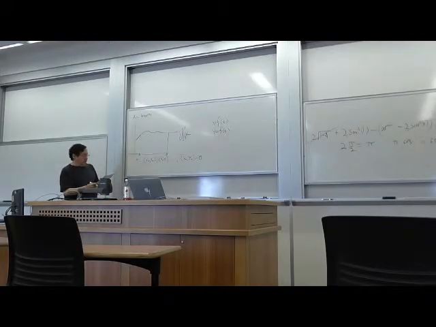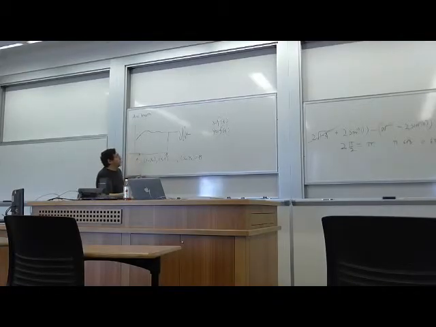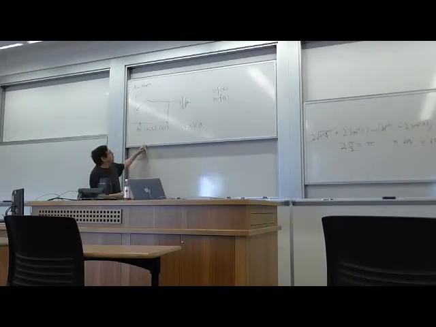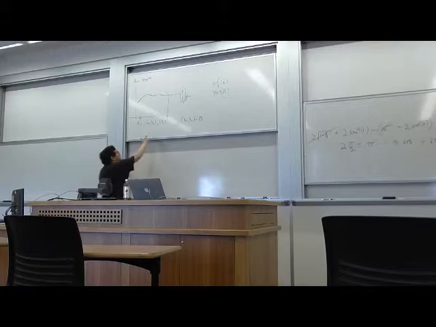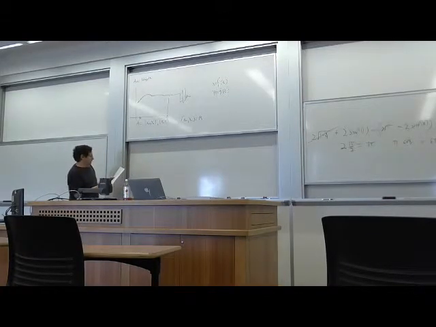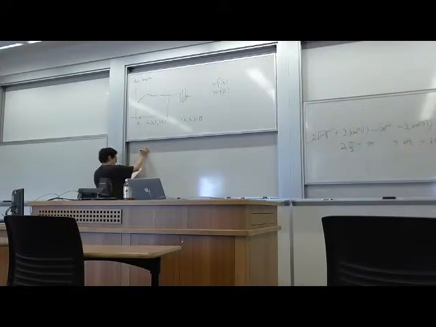So, given x and y points, let's call delta x sub i the difference between x sub i plus 1 and x sub i.